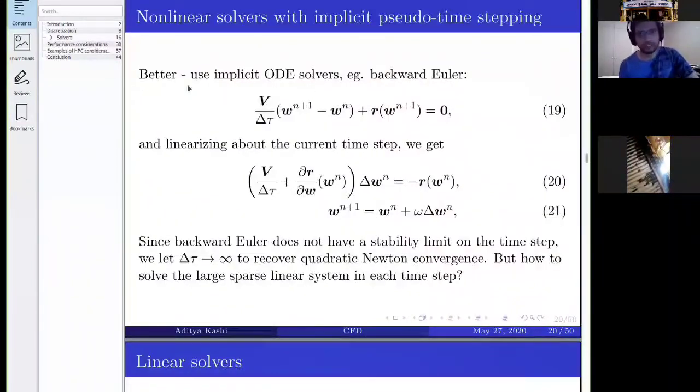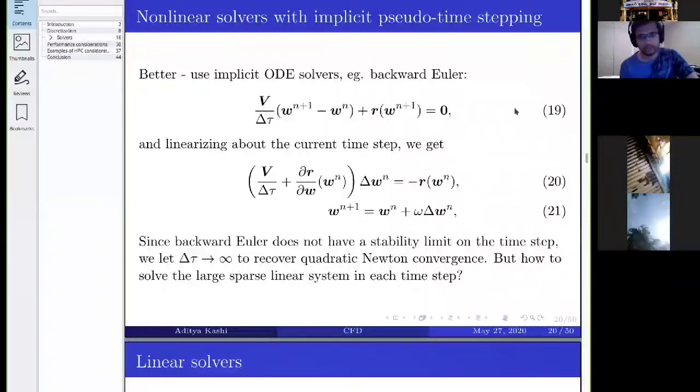The other option is we could use an implicit ODE solver, say backward Euler. If we use backward Euler, then we get this discretized equation. And because it's implicit, again, we need a linearization of the residual, which once we do that, we get this.